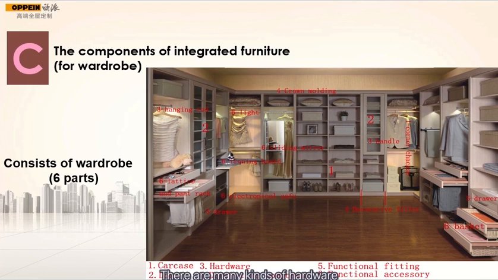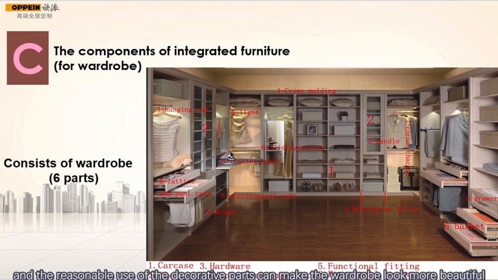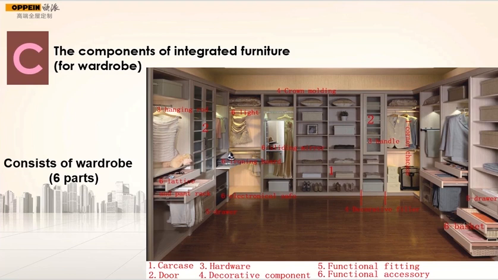There are many kinds of hardware, such as the hinge that connects the carcass and the door, the handle, the eccentric fitting that connects the panels, and so on, which determines the service life of the wardrobe. A decorative component can play a decorative role, and the reasonable use of decorative parts can make the wardrobe look more beautiful.